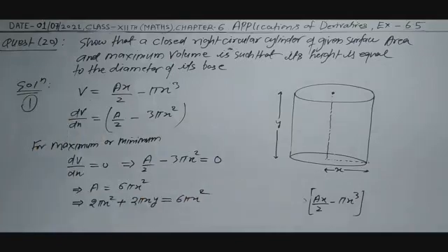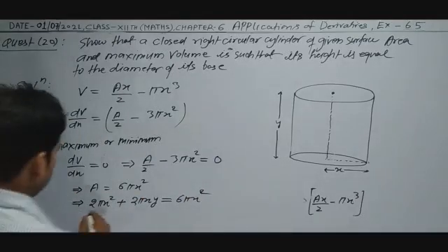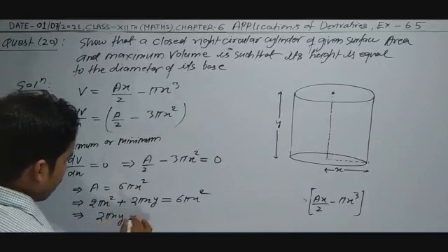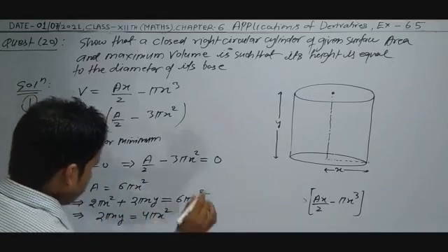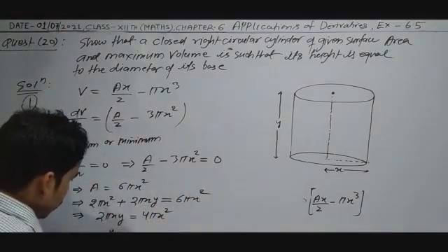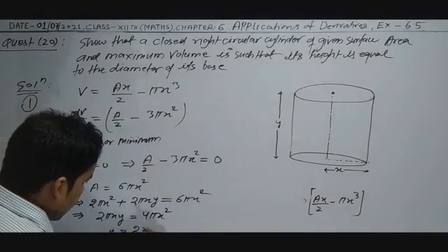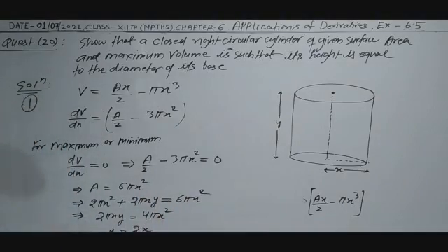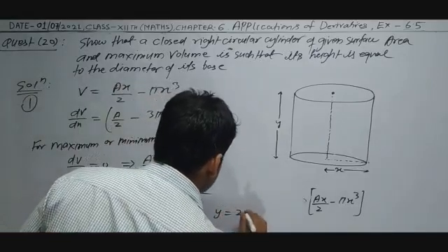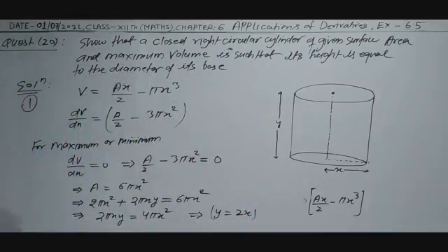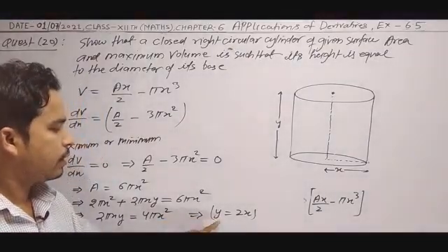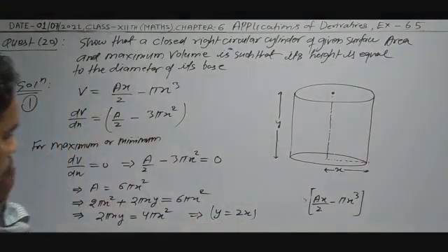When you solve, you get 2 pi x y is equal to 4 pi x square. 2 pi x will cancel out, and the result is y is equal to 2x. What does this represent? y is the height of the cylinder and 2x is the diameter of the base.